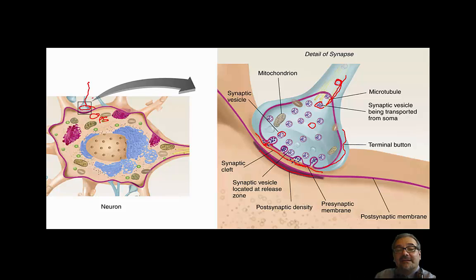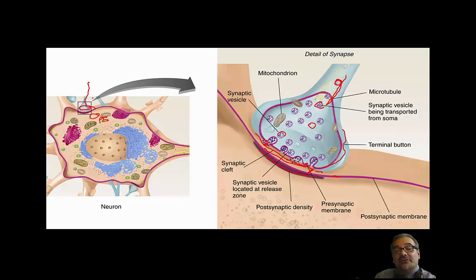This is the synaptic cleft. This is the presynaptic membrane, the postsynaptic membrane, and what I'd like you to notice is that this is one distance, as some synapses are so close that it's an electrical synapse.